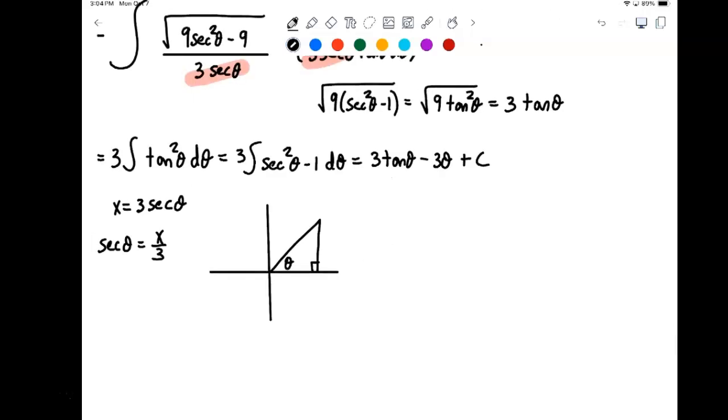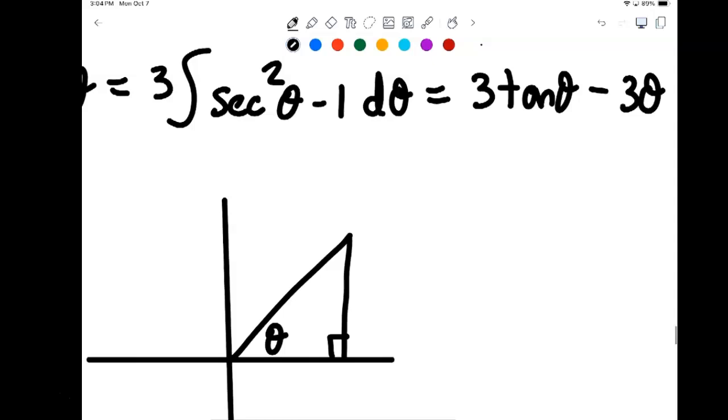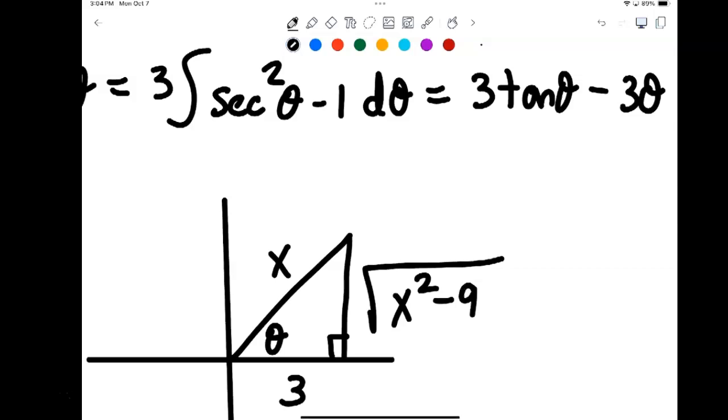In secant, remember, cosine is adjacent over hypotenuse, and secant, its reciprocal, is hypotenuse over adjacent. And then we use the Pythagorean theorem to find the third side. The third side here would be the square root of x squared minus 3 squared, or in other words, the square root of x squared minus 9.